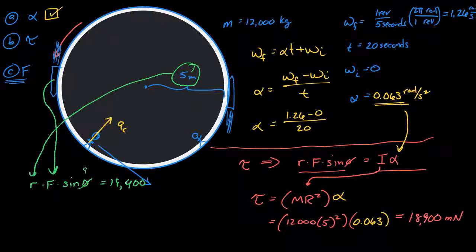And the angle will automatically be 90 degrees if you mount the engines on the edge. But before you walk out the door, how many engines are there? So you need to make sure you understand that there's actually 2 engines. Okay? Each one provides half the necessary torque.